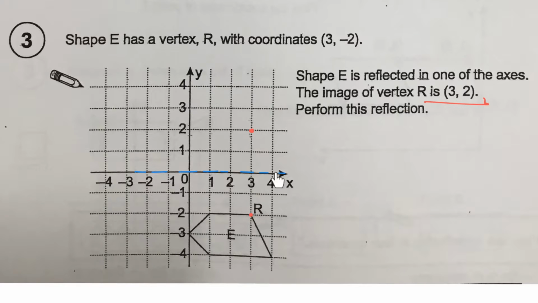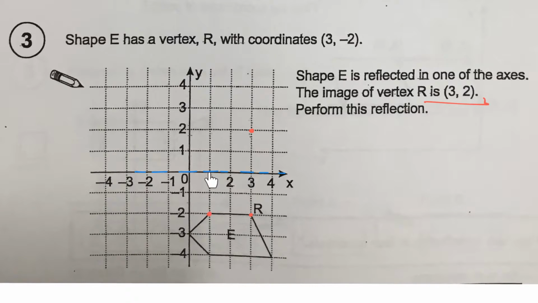So now that we have our mirror line, now that we know on which axis the shape is being reflected, we can just complete the reflection. So once again, you do not need to use a mirror. Pick a coordinate. So we'll pick this one here. From the mirror line, see how many spaces down it is. 1, 2.